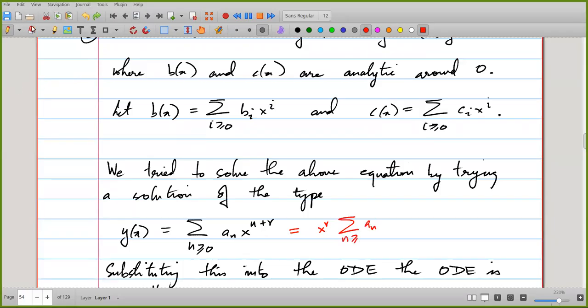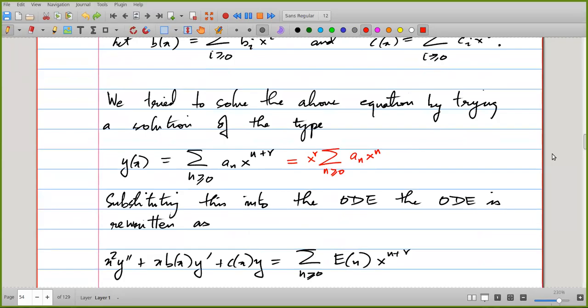We were trying to investigate if we can find a solution of this type to this differential equation. That was our guess. Anyway, I don't want to motivate that anymore because we already saw enough of that last time.